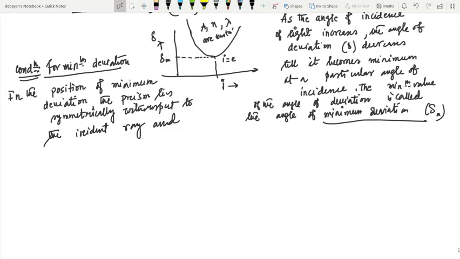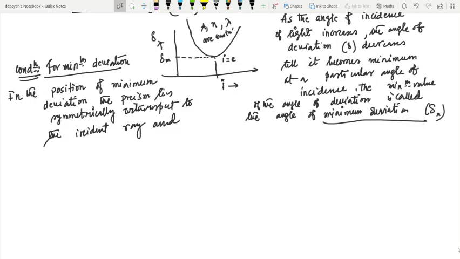When the light ray is incident on the face AB and refracted into the prism, the refractive index of the glass, that is the prism, is sin I by sin r1.